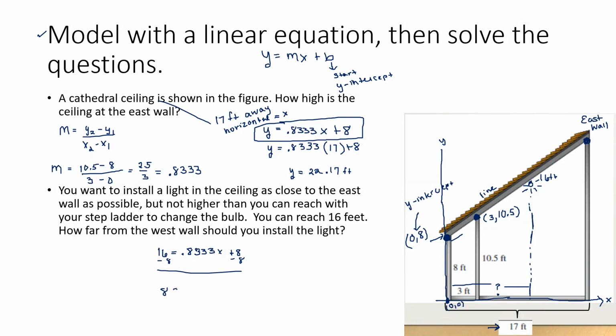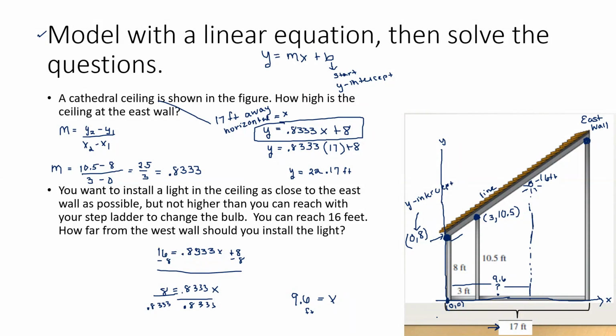And so that gives me 8 equals 0.8333x, and I divide by 0.8333 on both sides. And that will give me x is equal to 9.6 feet. So this question mark, I would need to be 9.6, almost 10 feet away from that western wall.